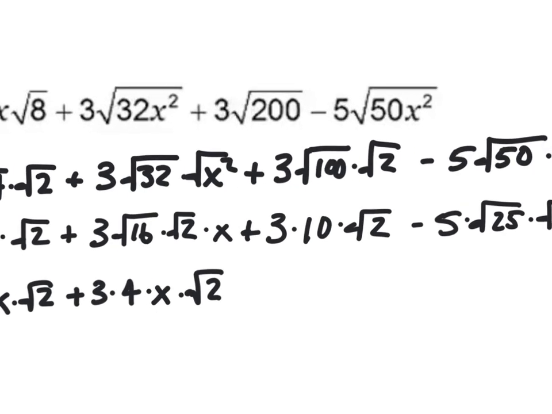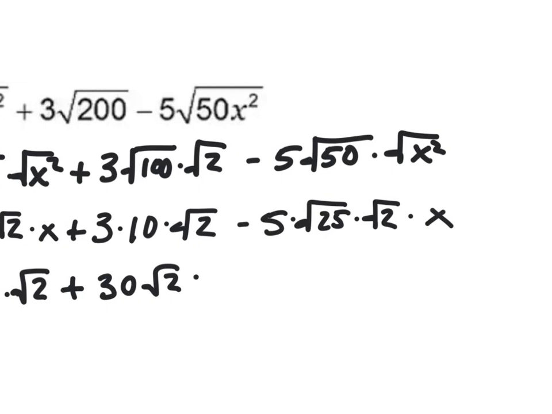The next one I'm going to take 3 times 10, so plus 30 times the square root of 2. And on the next one, minus 5 times the square root of 25, which is 5. So 5 times 5, and I'm going to move this x over and put times x times the square root of 2. Okay, so there's a lot going on.